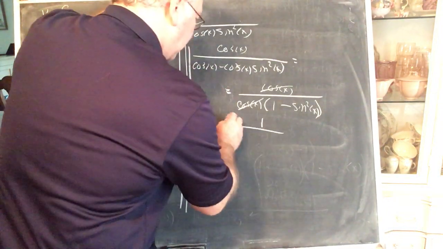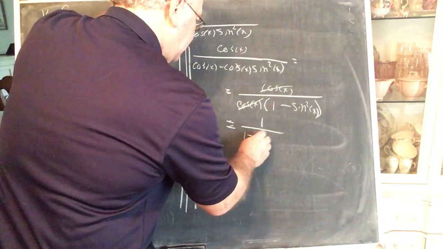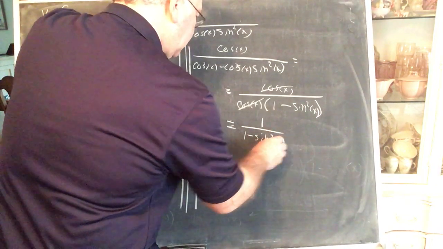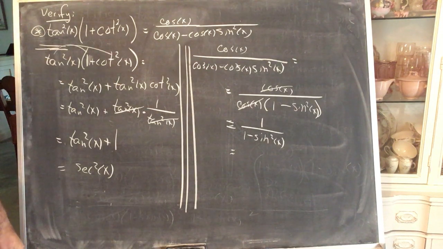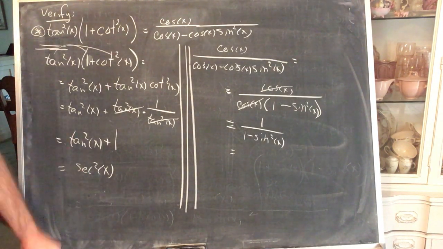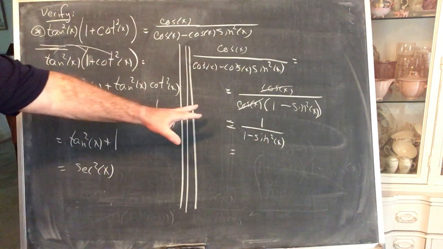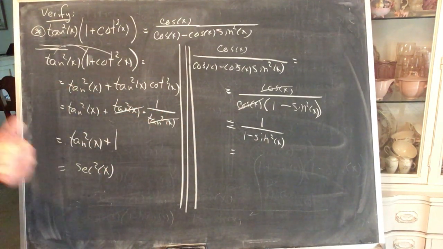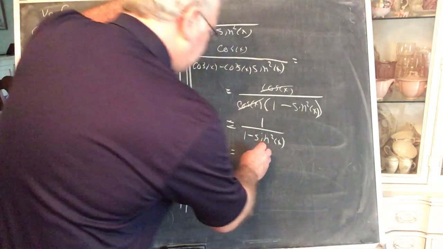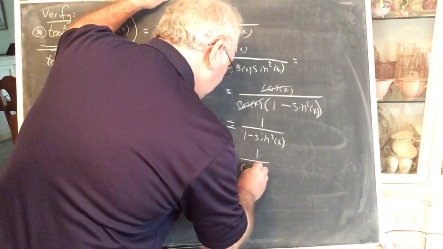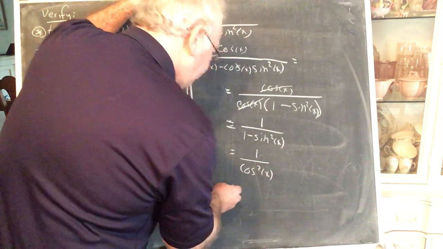This is 1 over 1 minus sine squared. But what is 1 minus sine squared? Well, we know Pythagoras. One of the alternate forms for the Pythagoras identity is that 1 minus sine squared is equal to cosine squared. So this is 1 over cosine squared of x.